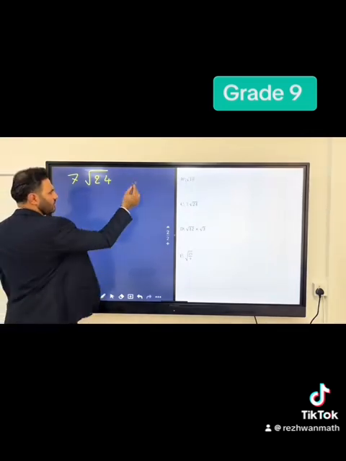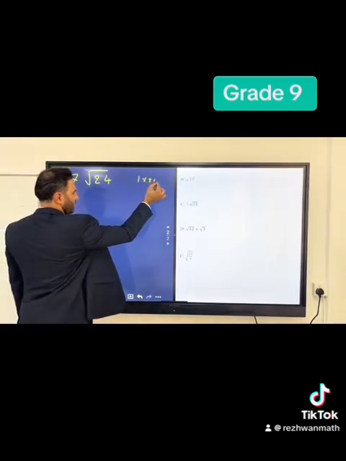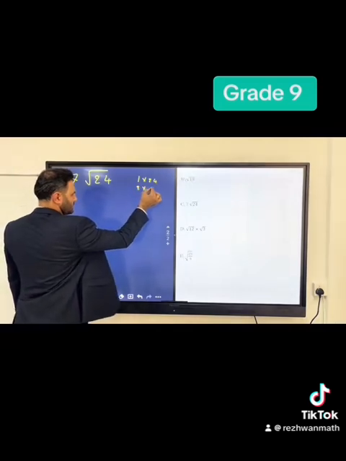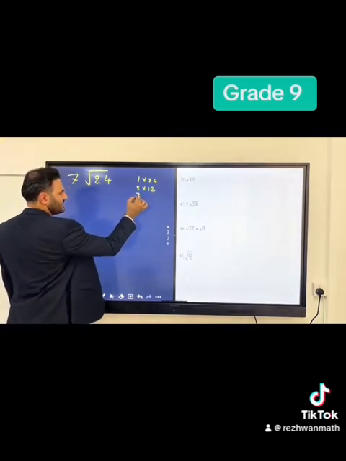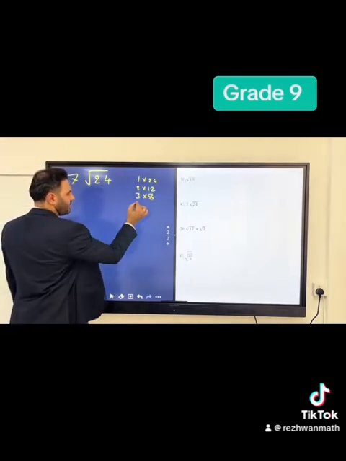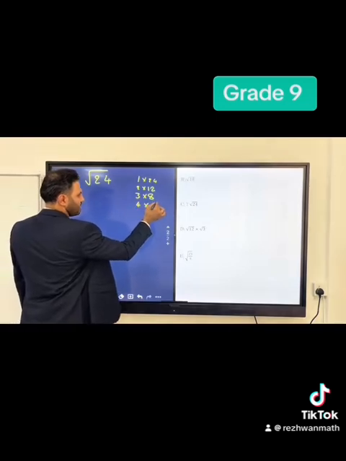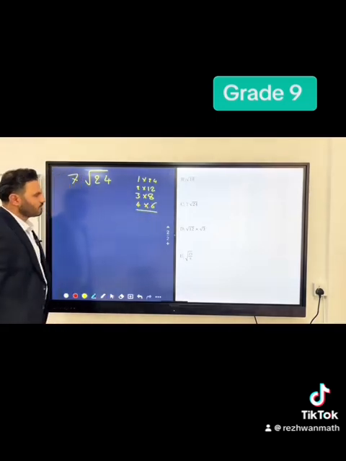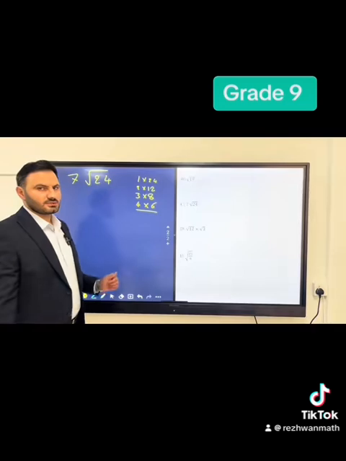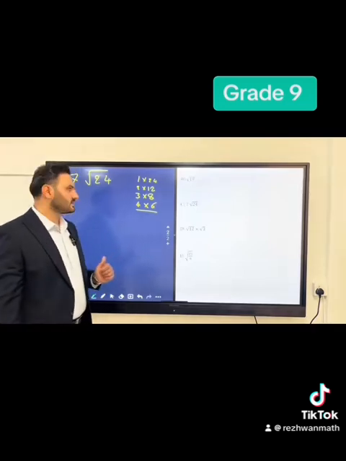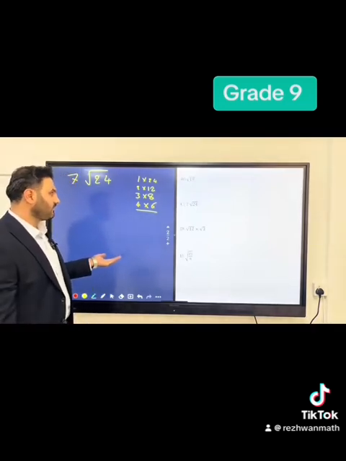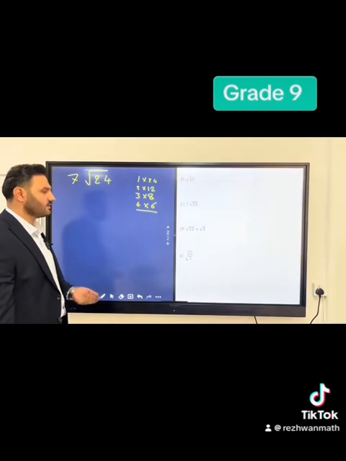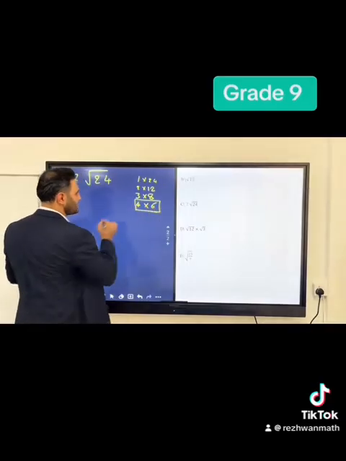What are the factors of 24? 1 times 24, 2 times 12, 3 times 8, 4 times 6. We can see 4 is a perfect square, so we need to choose 4 times 6. 3 times 8 is not a perfect square, 12 is not a perfect square, and 1 and 24 are not perfect squares. So we have to choose 4 times 6.